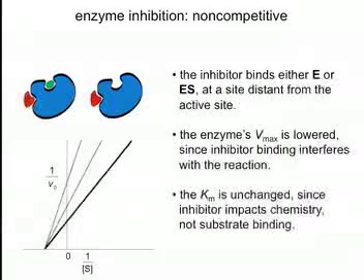Inhibitor binding interferes with the chemistry, so we see that Vmax is impaired. And again, I'll refer back to uncompetitive inhibition to think about how binding to the enzyme-substrate complex could affect that. But Km is unaltered in this extreme version since the inhibitor impacts chemistry, but not the affinity for the substrate.